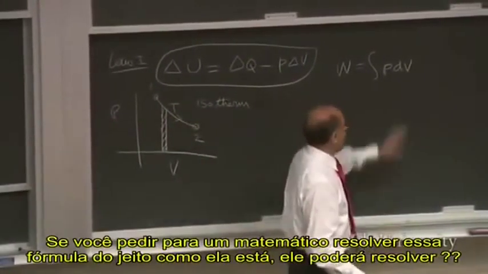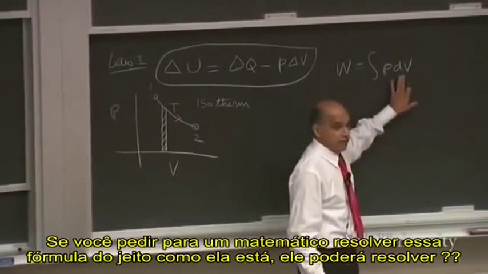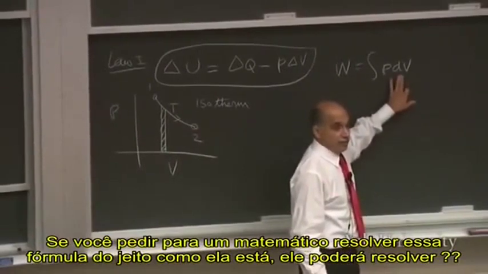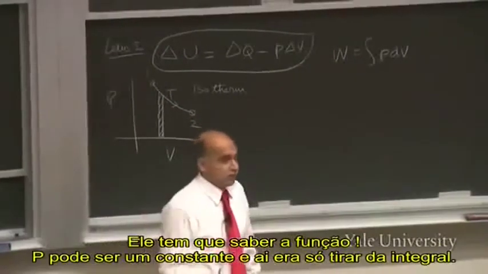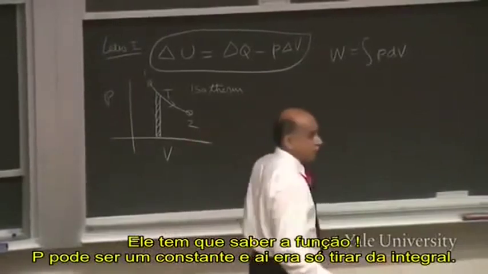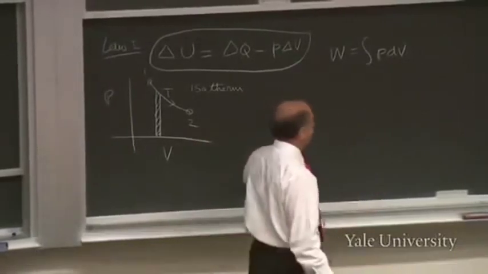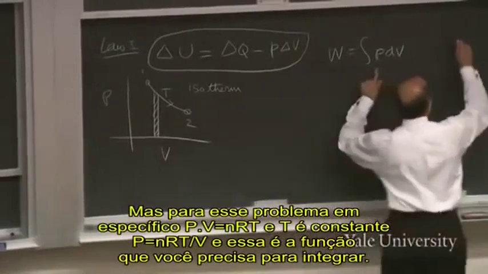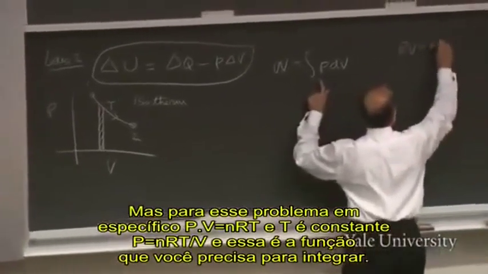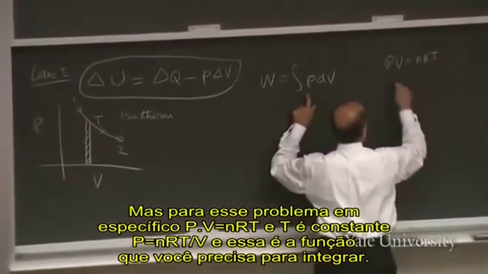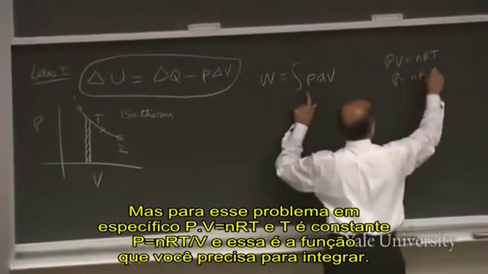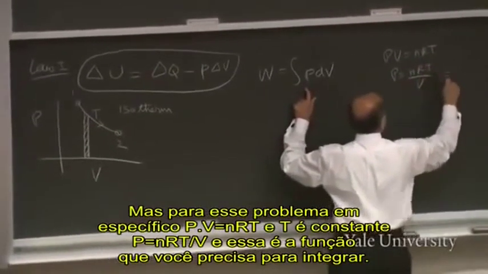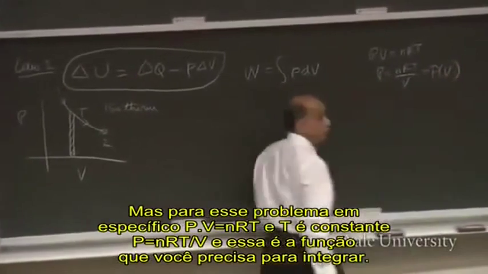If you go to a mathematician and say, please do the integral for me, can the mathematician do this? You have to know the function. If you just say P, you'll say maybe P is a constant, in which case I'll pull it out of the integral. But for this problem, because PV is nRT and T is a constant, P is nRT divided by V, and that's the function of V that you would need to do the integral.